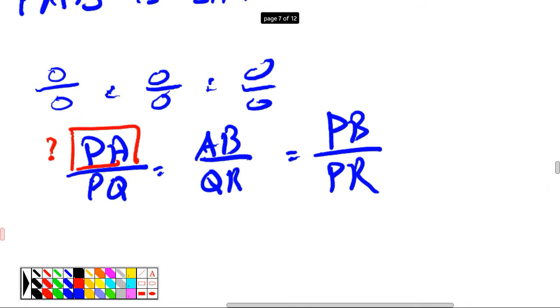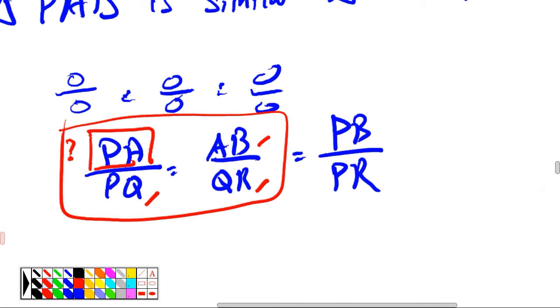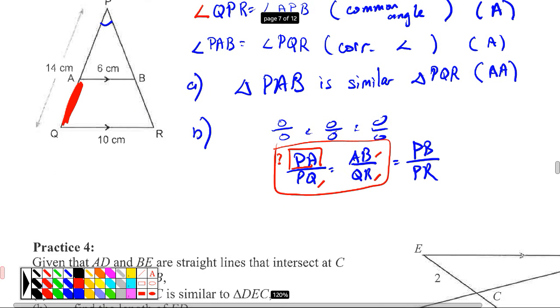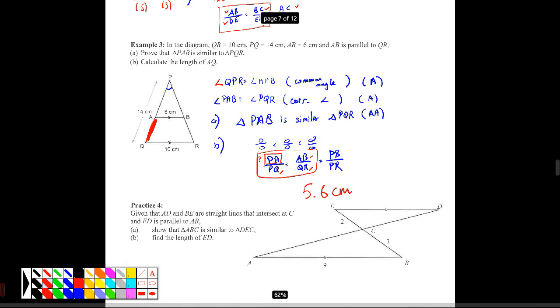Do we have AB? Do you have QR? So you use this form. You write 14, then the right side is AB and QR. Then you substitute, cross multiply, and then you minus 14. Write down the numbers, then you get the answer. It is 5.6. Is it 5.6? Yes. Okay, thank you.